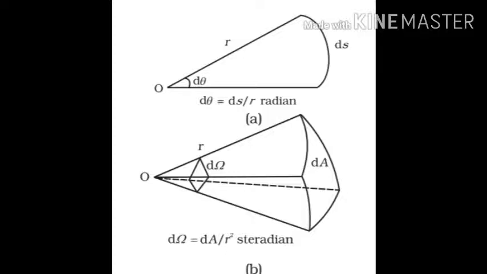Solid angle, with a unit of steradian, is defined by d omega as the ratio of the intercepted area dA of a spherical surface described about the apex O as the center, to the square of its radius. So these are the two supplementary units and 7 basic or fundamental units. In total, 9 units are considered in the SI measurement system.